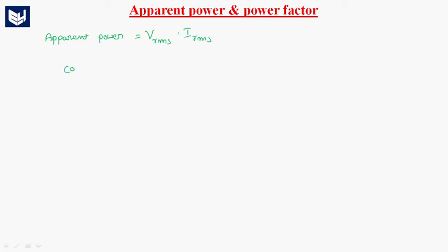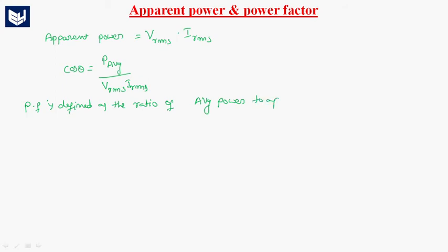So we can define cos theta. Cos theta is equal to P average by VRMS into IRMS. From this we can say that power factor is defined as the ratio of average power to apparent power.